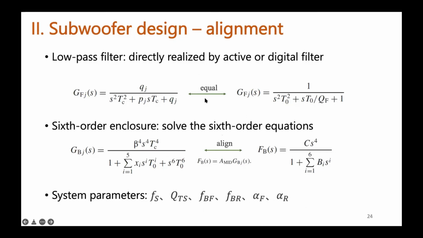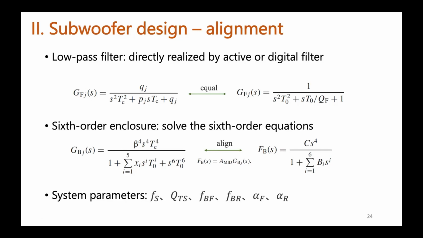And in the alignment, for the low pass filter, we make the desired response and the response of the active filter or digital filter equal. And for the 6th order enclosure, we only need to solve the 6th order equations to align their denominators.